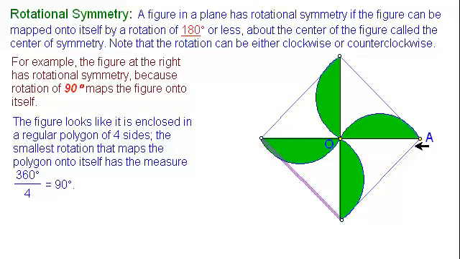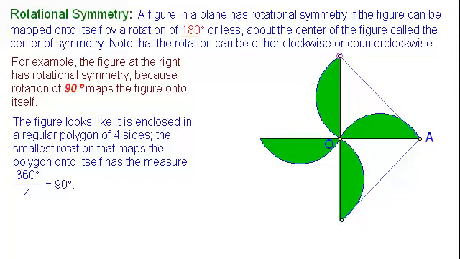So the rotational symmetry is going to be 360 degrees, because this is the whole circle, divided by 4, which gives me 90. So if you have a figure which is enclosed in a square, the rotational symmetry of that figure is going to be 360 divided by 4, which gives you 90 degrees.